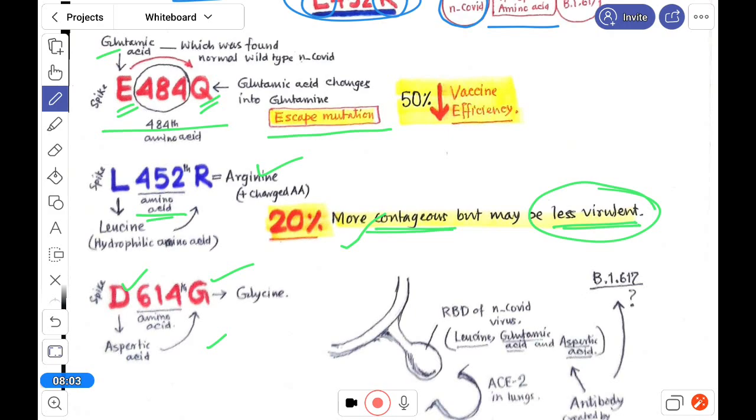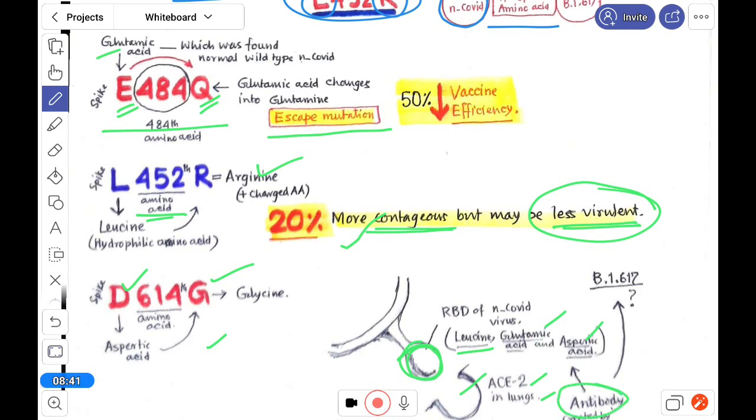Here the problem arises with the antibody prepared by our body, whether through vaccine or the natural way. In both cases the problem occurs, because in the normal variety, the RBD, the receptor binding domain, binds with ACE2 in the lungs of the human body. Previously it contained leucine, glutamic acid and aspartic acid, but now it is arginine, glutamine and glycine.